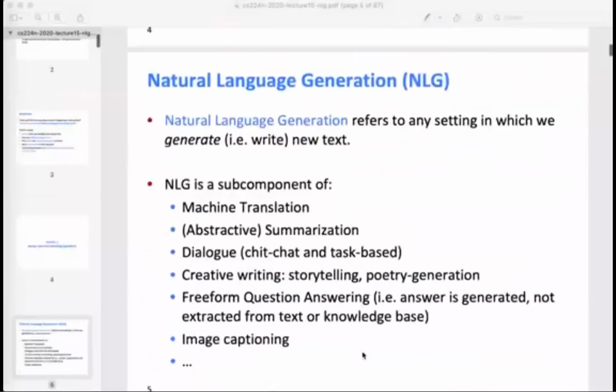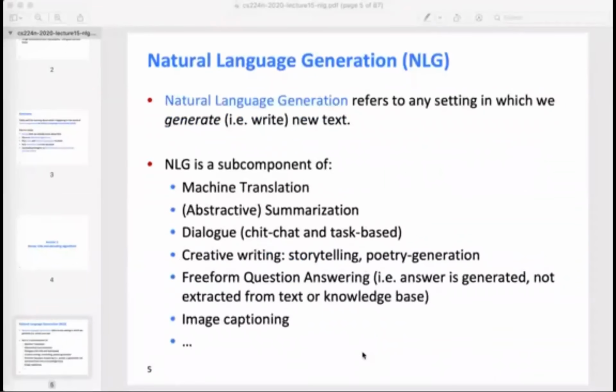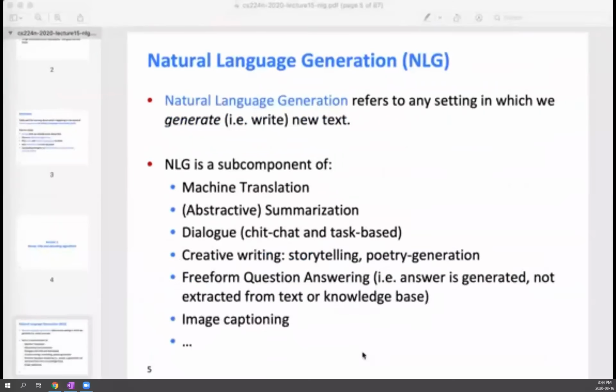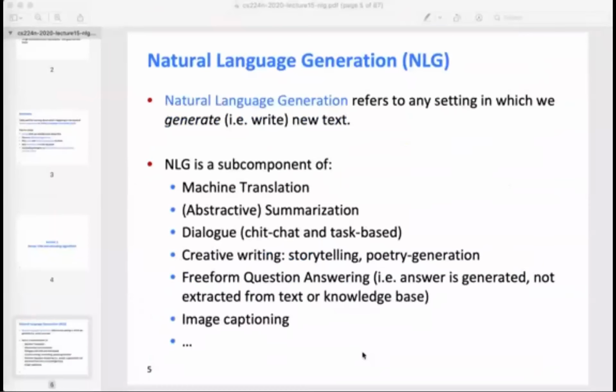First of all, let's talk about what natural language generation is. Natural language generation refers to any setting in which we generate new text. It is a subcomponent of machine translation, summarization, specifically the abstractive one, but later we'll talk about hybrid extractive-abstractive ones, and dialogue, which is pretty intuitive.